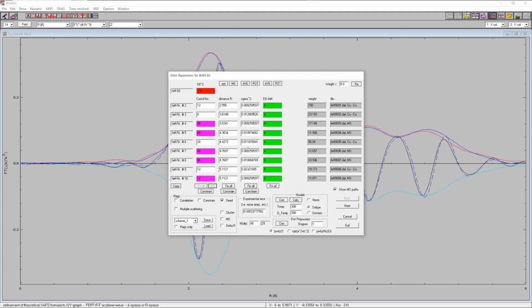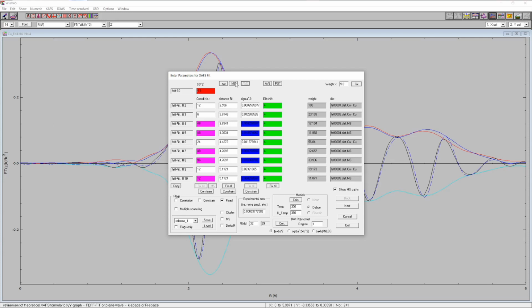This is basically what we just did by using the average button here, which calculates the Debye-Waller factors for the multiple scattering path based on the constituent single scattering path, and the Debye-Waller factors of the single scattering path are varied in the refinement.